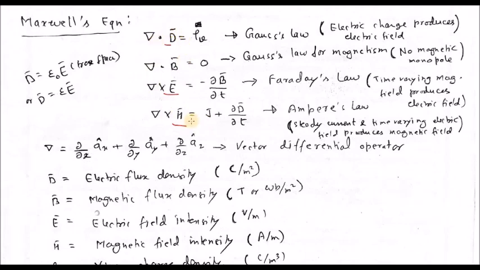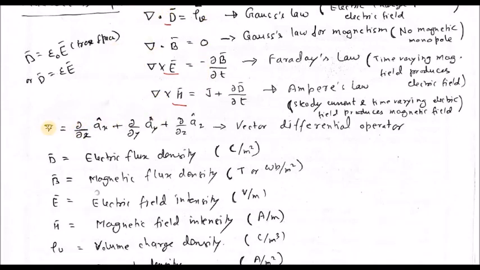Now here some terms are included that maybe some of you may not be familiar with. So this triangular shape structure is known as del, or we call it del, and it is a vector differential operator, and it is defined as del by del x ax plus del by del y ay plus del by del z az, where ax, ay and az are unit vectors along x, y and z axis in rectangular coordinate system.